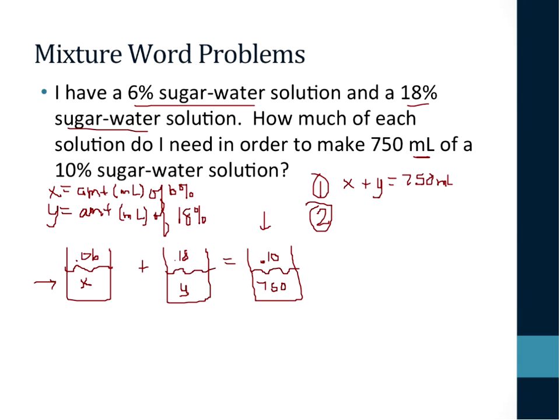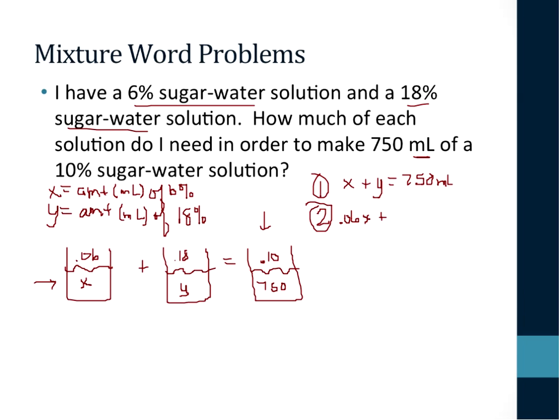The next equation is looking at the concentration, the actual amount of sugar in the sugar water. So this is telling me that I have 6% of X milliliters is sugar. I'm just looking at the concentration part now. 6% of that X milliliters is sugar. And notice 6% is written as 0.06.